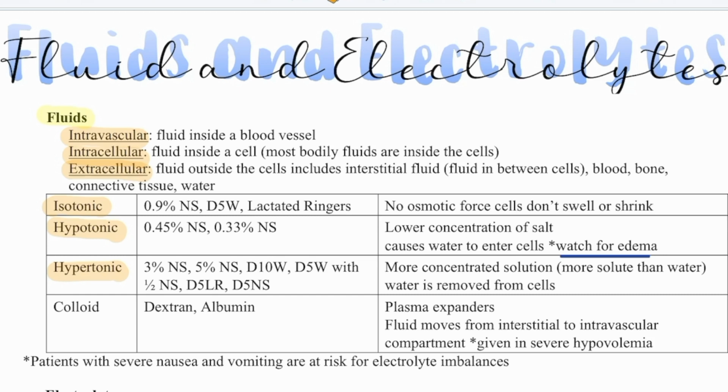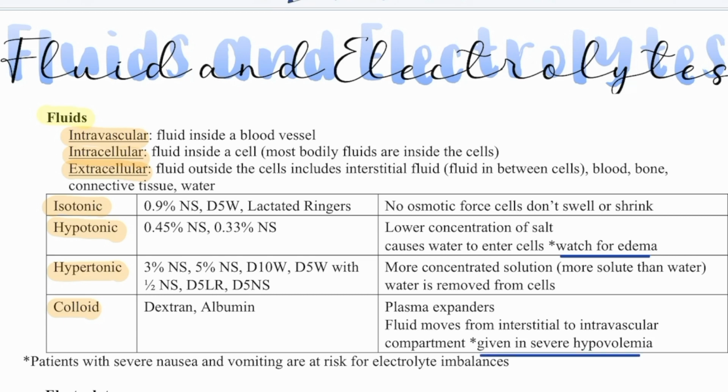These are more concentrated solutions, so they have more solute than water, and water is removed from the cell, so the cells shrink. Then we have colloid, so this is dextran or albumin. These are plasma expanders. Fluid moves from interstitial to intravascular compartment, and this is given in severe hypovolemia.